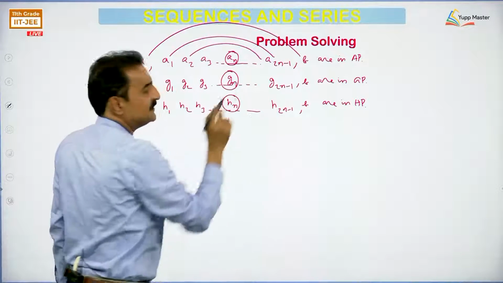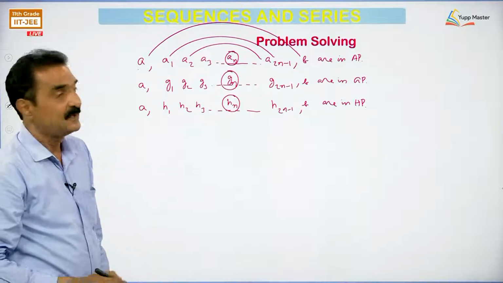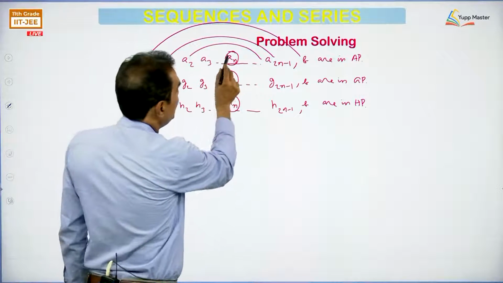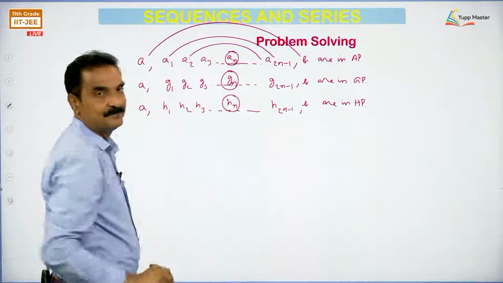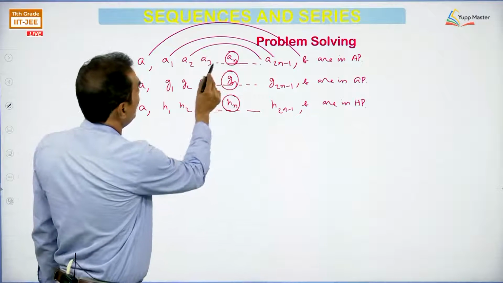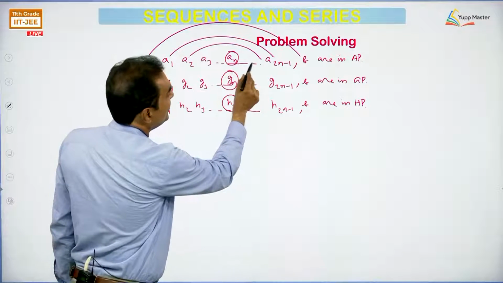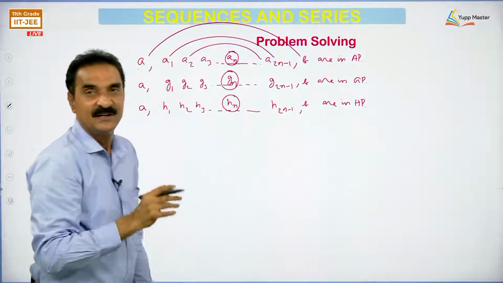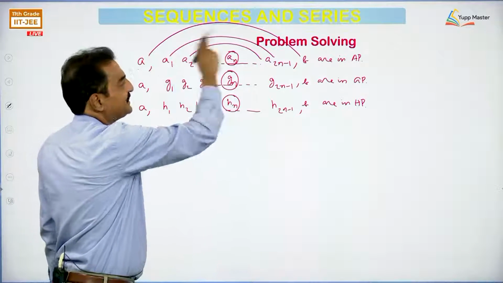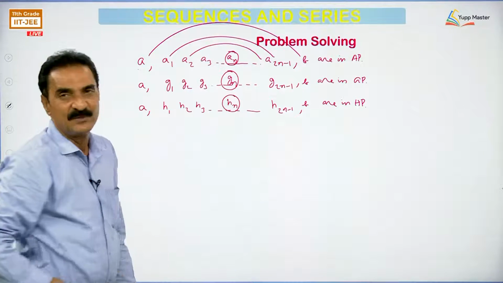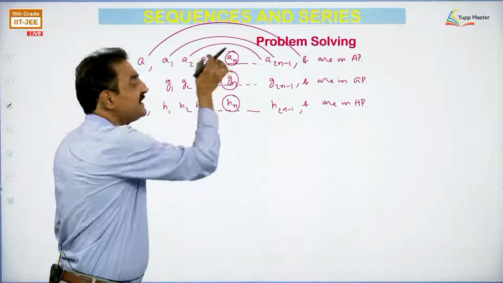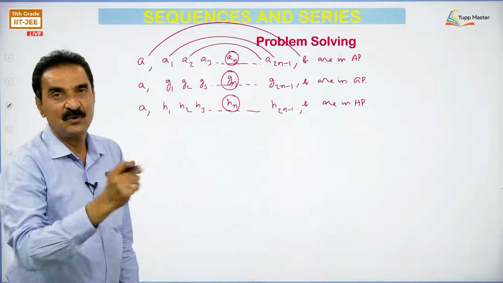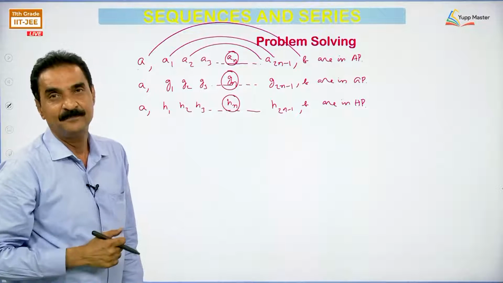Is it not? This is the property of AP. Now, you can observe that An is exactly in the middle. Before An there are n minus 1 means, after An there are n minus 1 means. So if you pair like this, A and B, A1 and A2n minus 1 and so on, An will be left alone. It has no partner to pair.